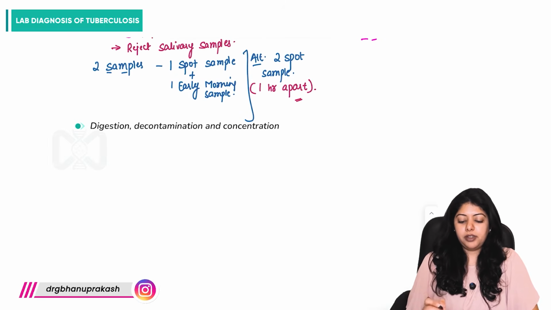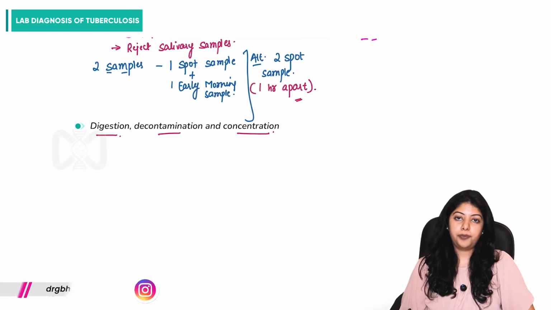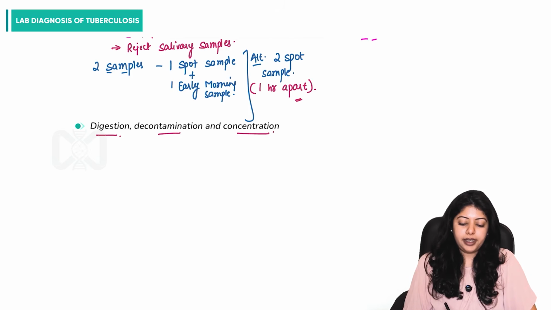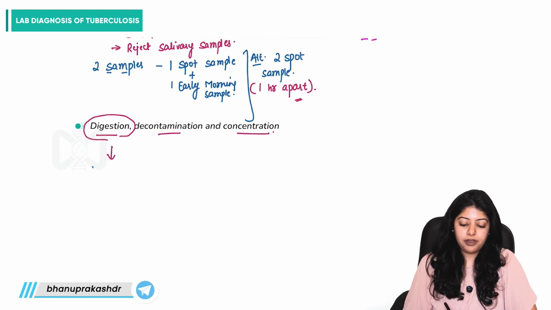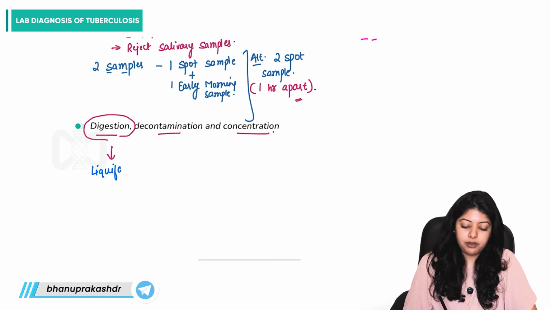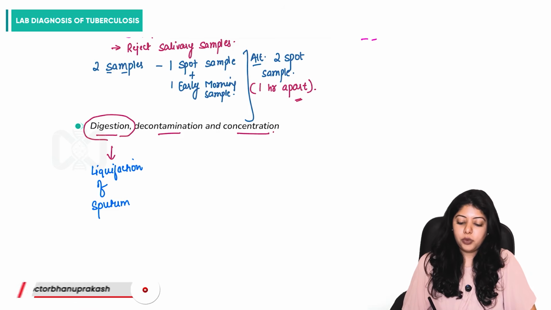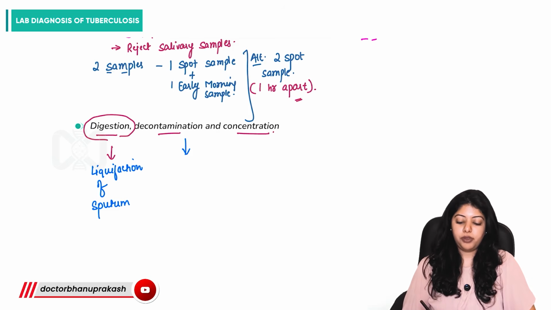Then the next step is digestion, decontamination, as well as concentration. Why do we require digestion? Digestion is for liquefaction of the thick mucopurulent sample. The next one is decontamination, because we want to get rid of the normal flora.